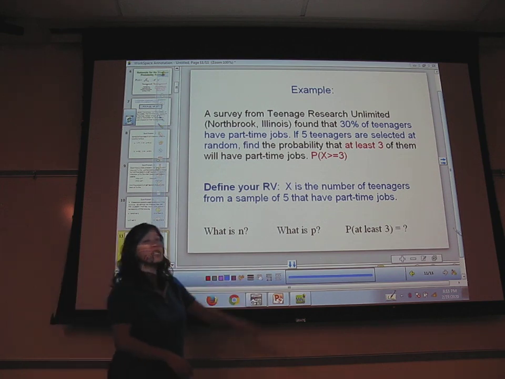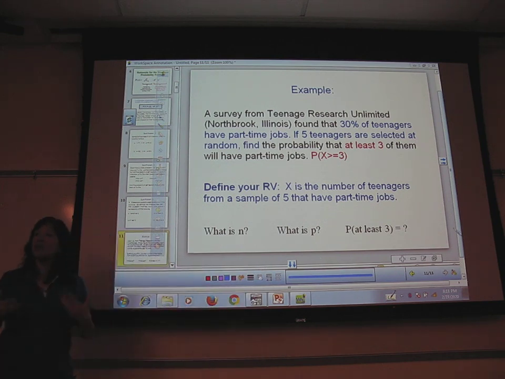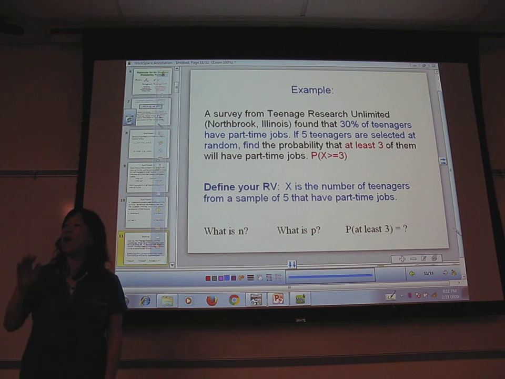What's N and P? Those things are fixed. The number of teenagers I'm picking, the number of times I'm doing this, is fixed. The probability is fixed. The thing that varies is how many successes I have.